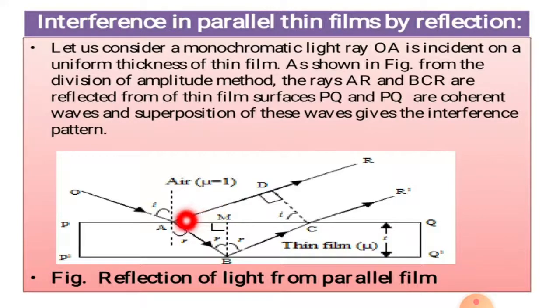Here, the first reflected light ray travels completely in the air medium, and the second light ray travels in the thin film. The second light ray travels more distance than the first reflected light ray. Now, we find the path difference between these two light rays. That is, the path traveled by the light ray in the film minus the path traveled in air.